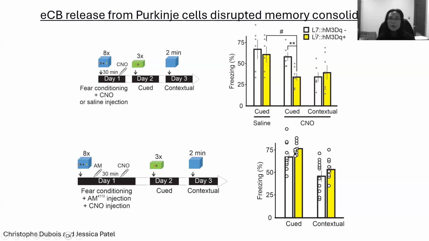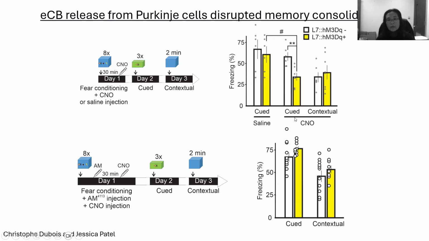We have both GQ positive animals and GQ negative animals as a control. When these animals receive saline injections, both exhibit freezing, about 60% of freezing, indicating they can remember that the tone is associated with the shock.